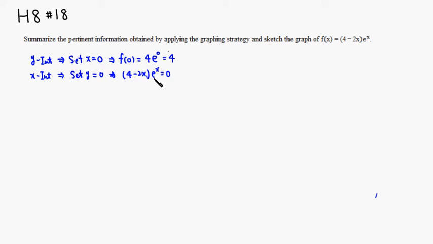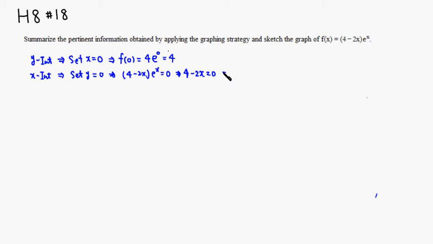Since e to the x is never 0, it's always positive, the only way we can make this equal to 0 is 4 minus 2x equal to 0.